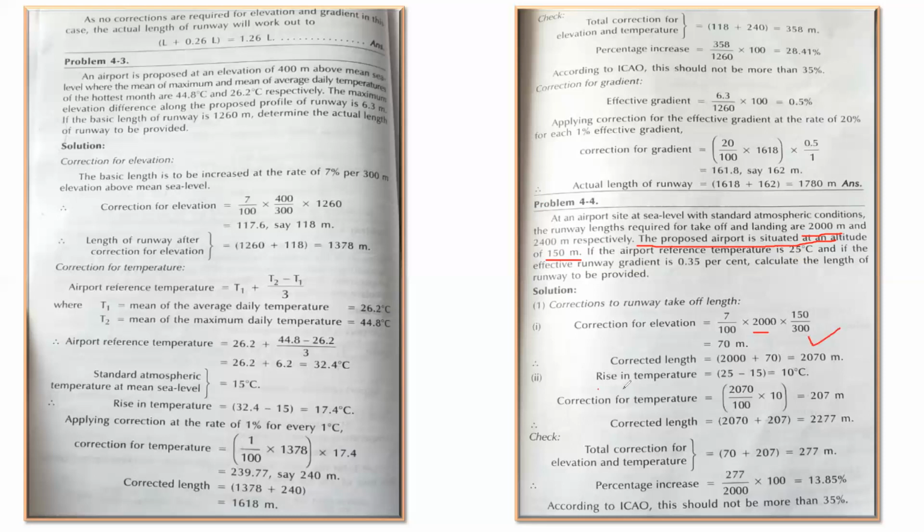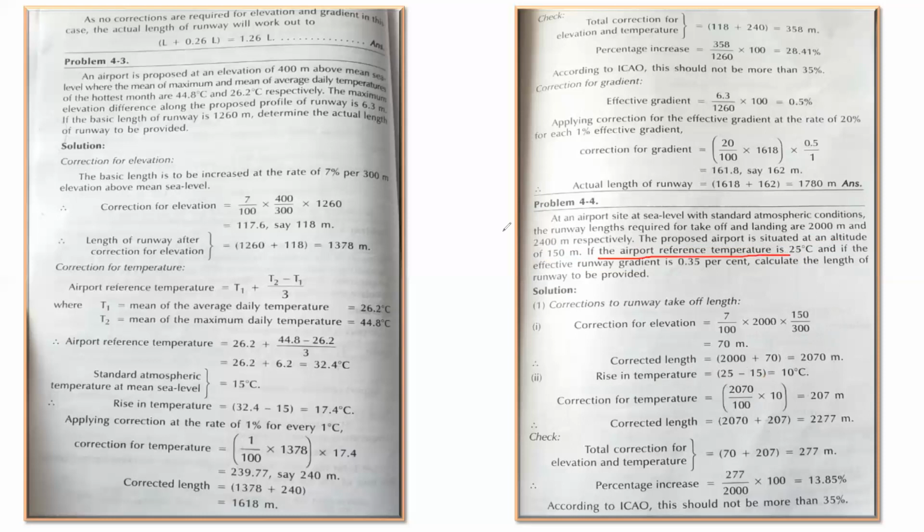Now, next is rise in temperature. For the rise in temperature, they have given it directly: 25 is the airport reference temperature, minus the standard temperature, which will always be 15 degrees Celsius. Directly they have given it. You don't have to put the T1 plus T2 minus T1 divided by 3 formula. That is the airport reference temperature.